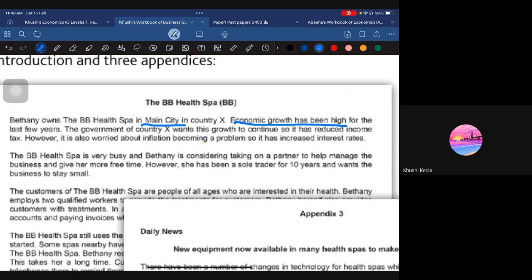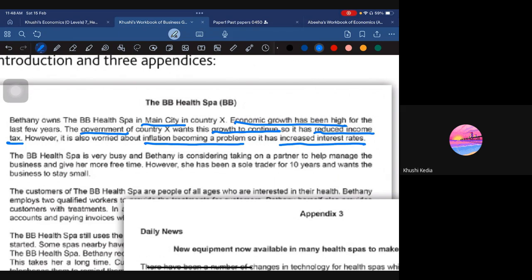The government of country X wants this growth to continue, so it has reduced the income tax. They are worried about inflation becoming a problem and increases in interest rates. These are some of the important things that you can underline.